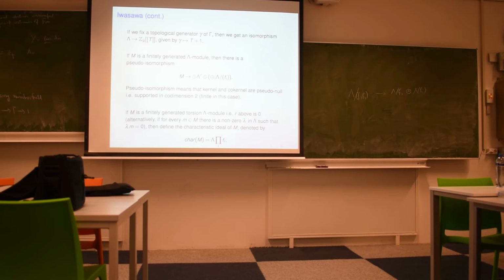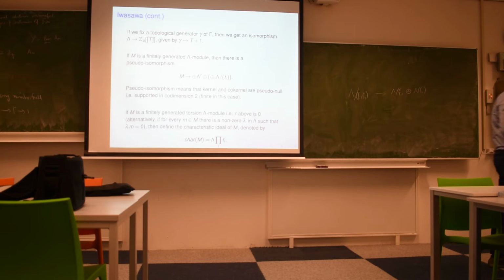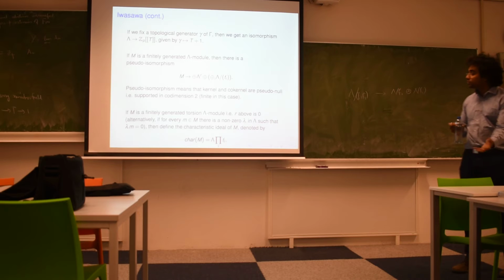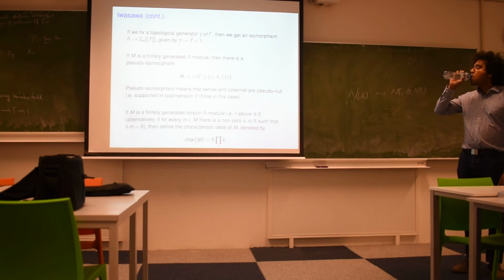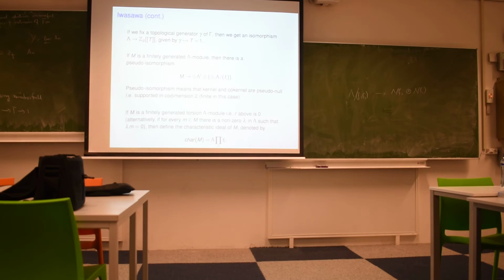Implicitly, I'm going to fix a topological generator and then use this canonical isomorphism. So this characteristic ideal is an ideal in a power series ring in one variable. I can take its generator and think of its coefficients.